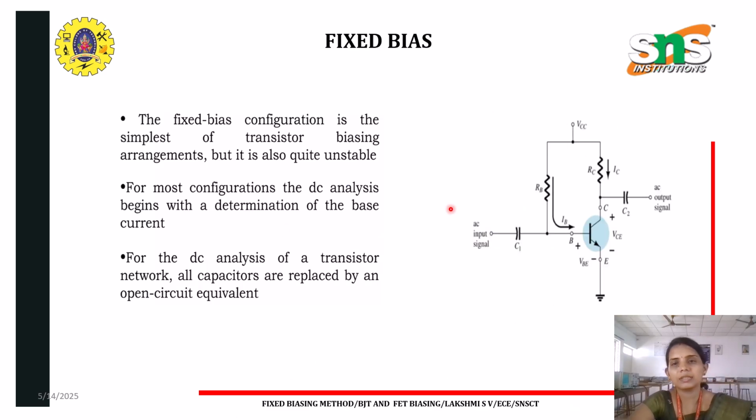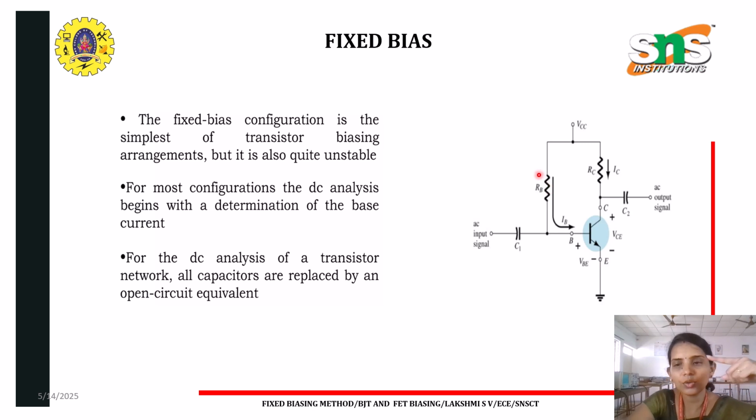This is the circuit of a fixed bias configuration. Here we can see that RB plays the role of adjusting the value of the input current, which is our base current. We could see that a single supply is given to both the base and collector terminals.